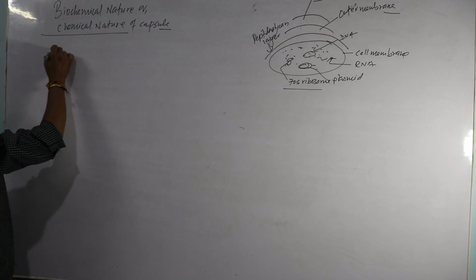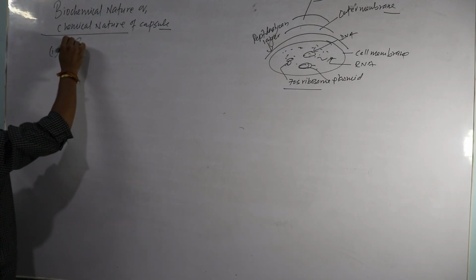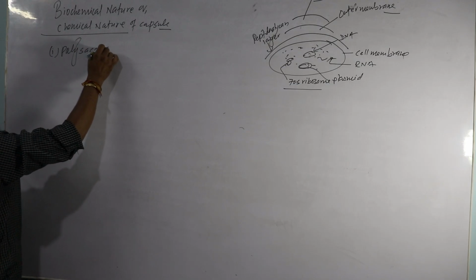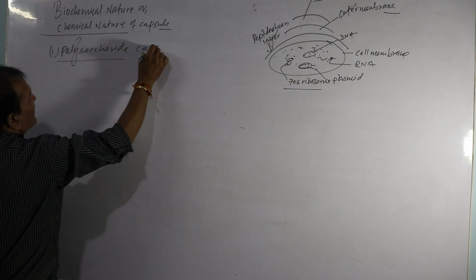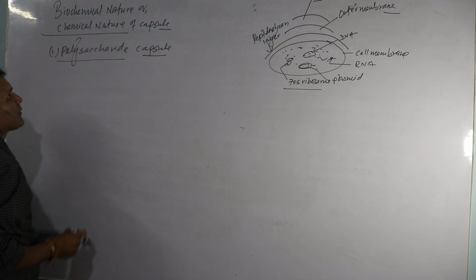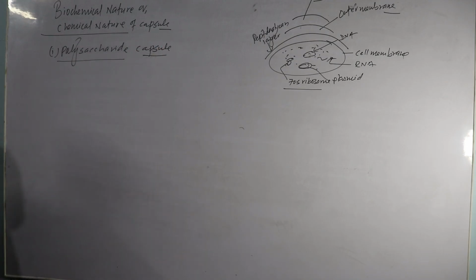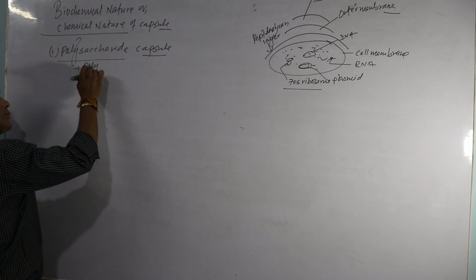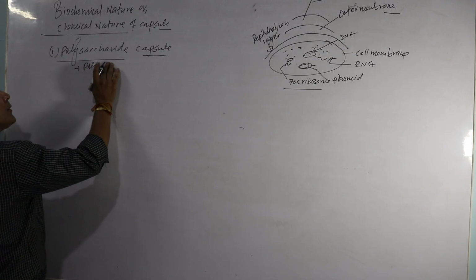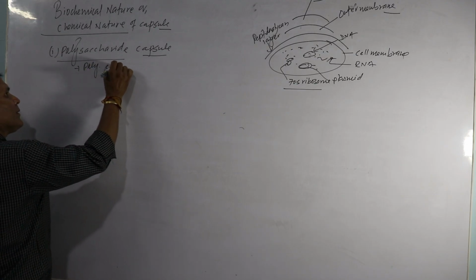One is the polysaccharide capsule. It means that the capsule is made from carbohydrate. Polysaccharide capsule is usually soluble in water.